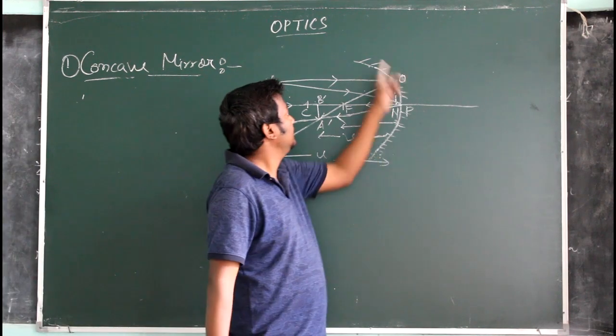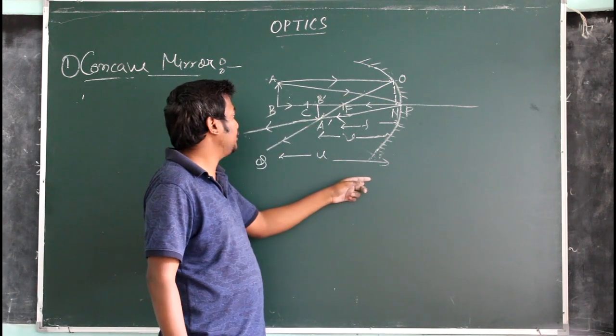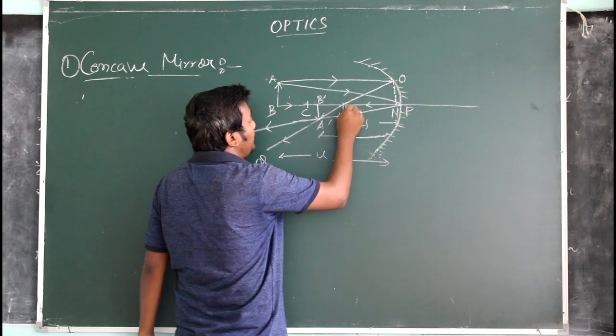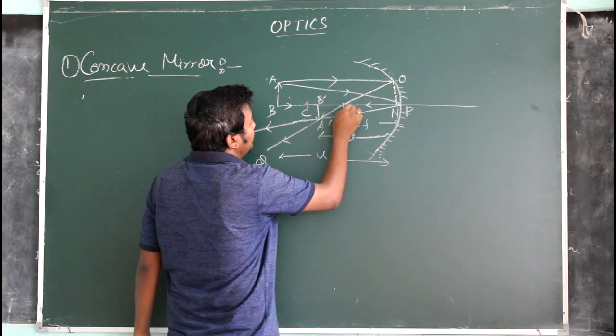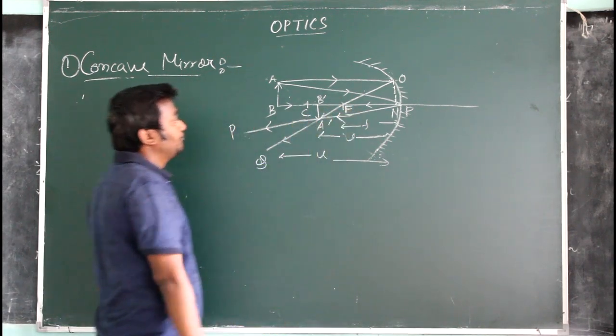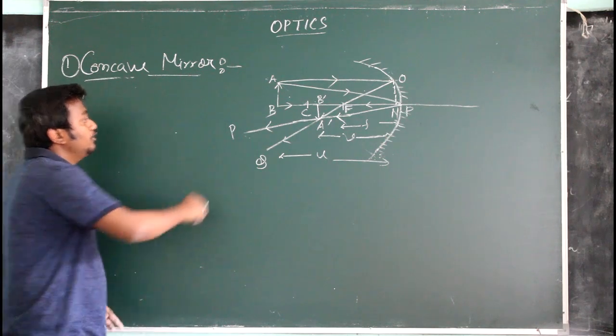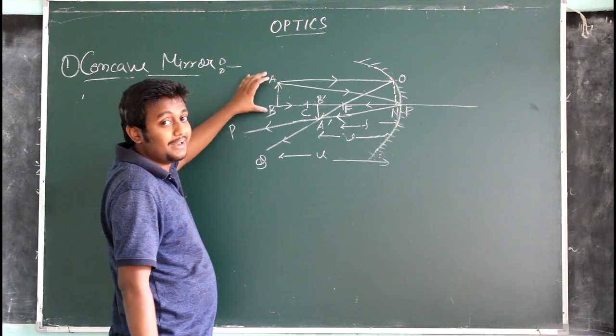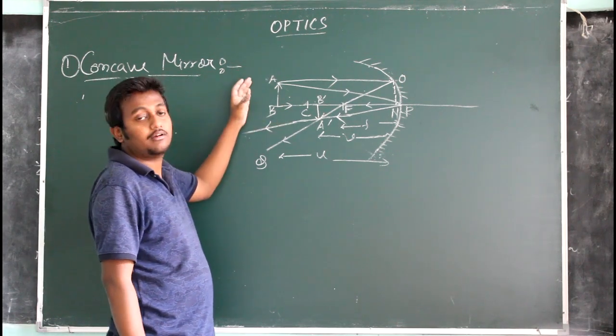I consider one concave mirror of pole P, focus F, and center of curvature C. Now we take one object AB placed beyond the center of curvature.